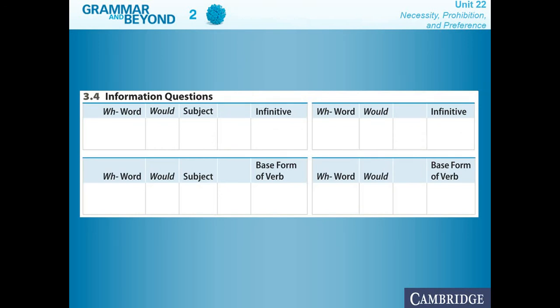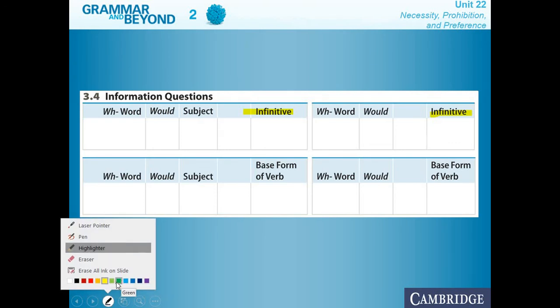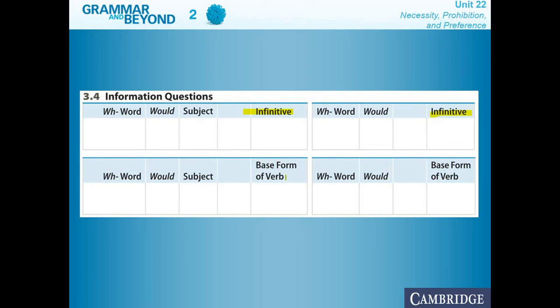With the information questions, I want you to notice the difference over here. Here, we're using the infinitive form, and here we're using the base form of the verb. This indicates that the ones that are below are used for rather, and the ones that are above are used for like and prefer.